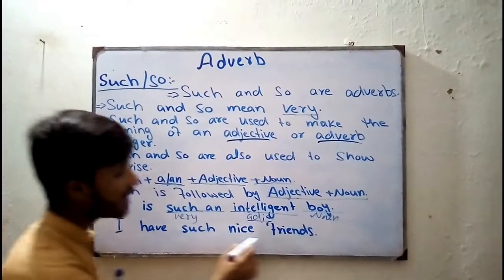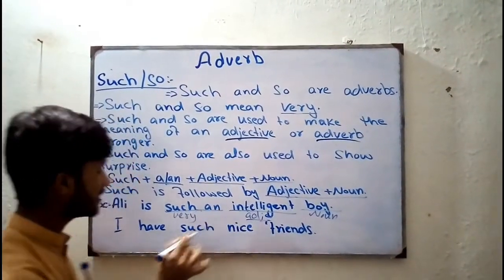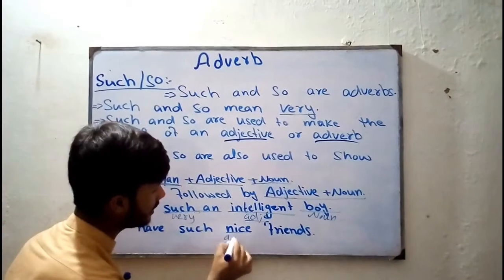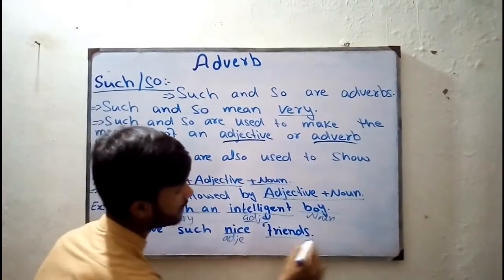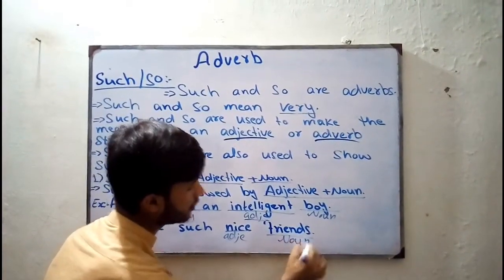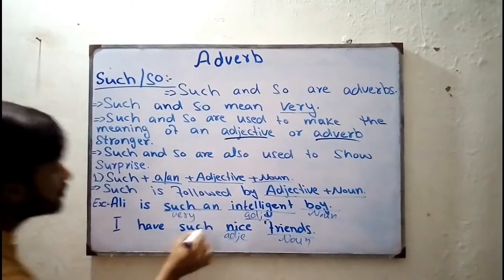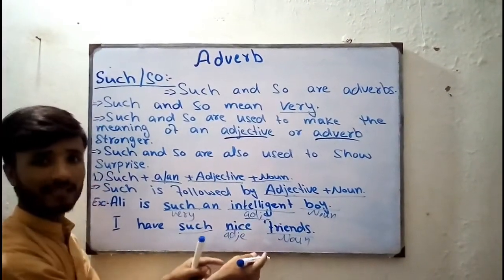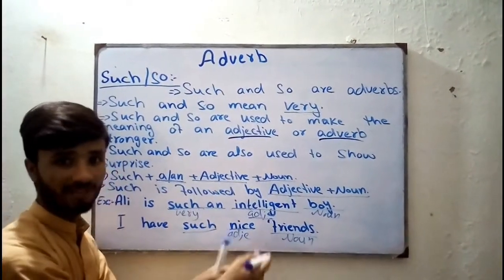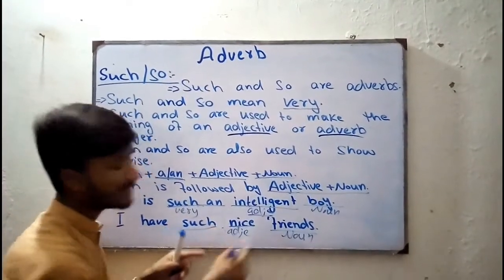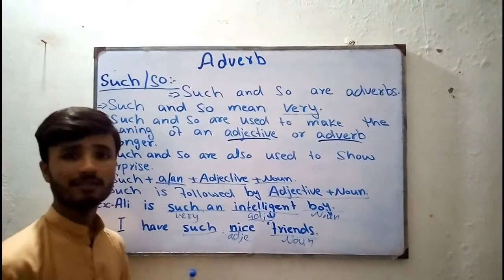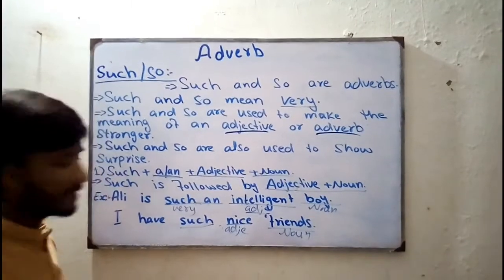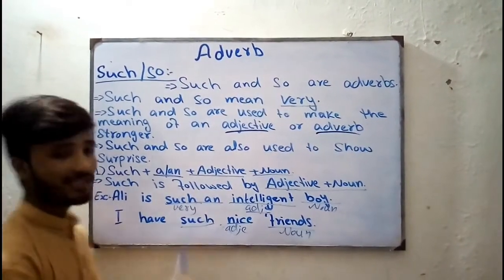I have such nice friends. Nice is an adjective, and friends is a noun. So we use such before adjective and noun. Is this clear?